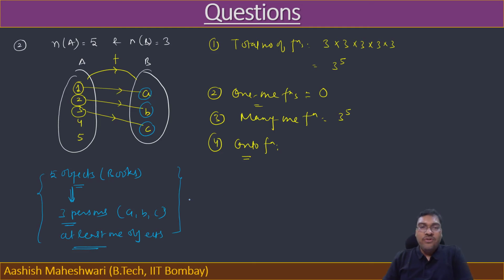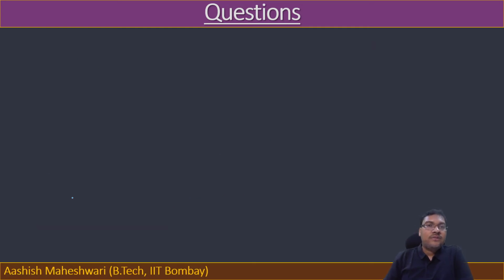So the formula for this: the total number of onto functions will be equal to sigma r equal to 0 to n, minus 1 raised to r, nCr, n minus r raised to m.